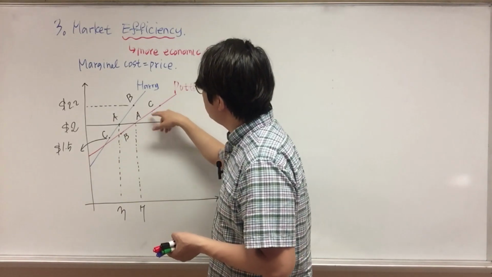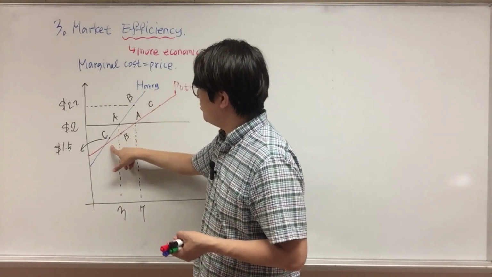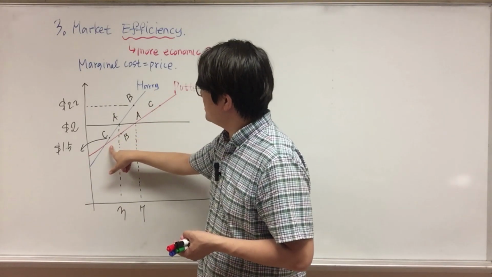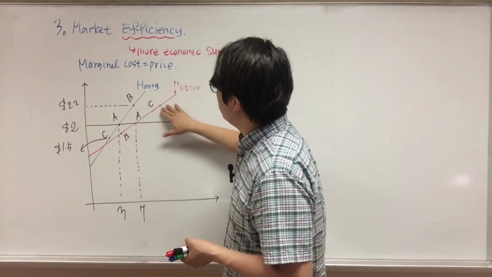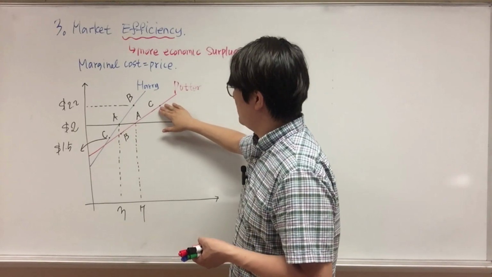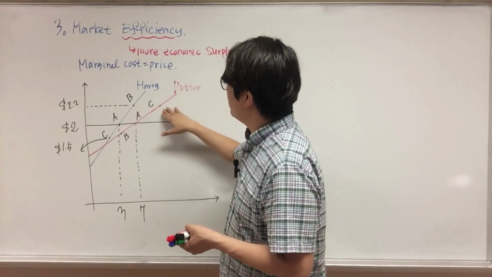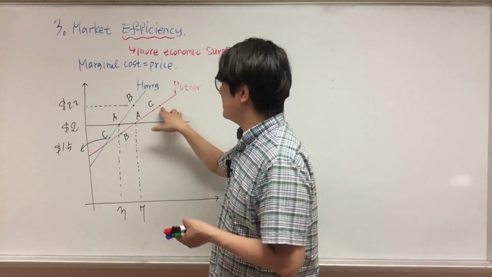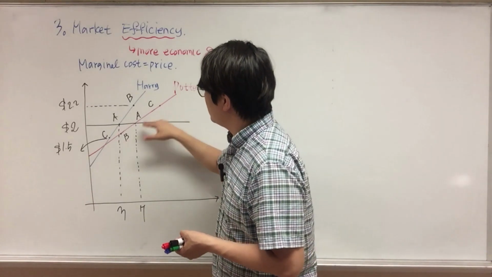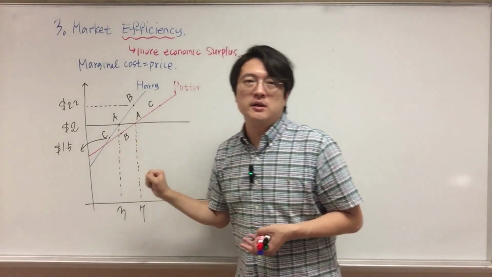At the same time, Harry would like to supply at $1.5. Potter will supply at the higher price at the C point. That is the alternative point for each other, right?